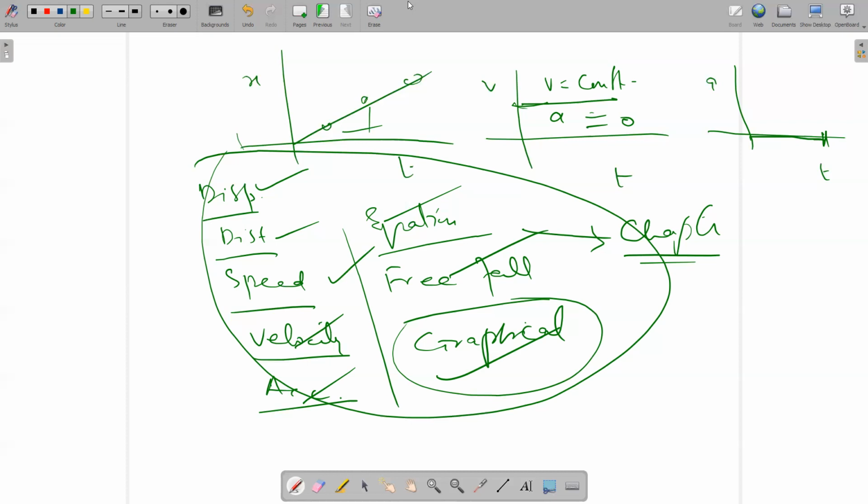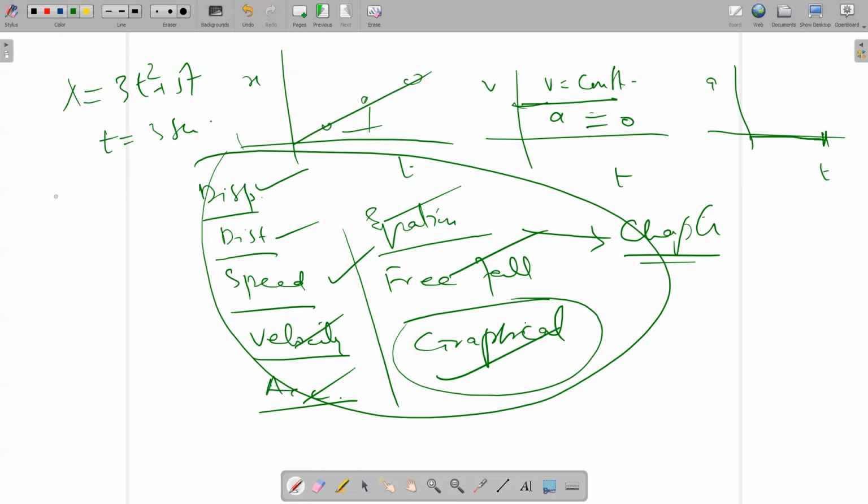So when you see any equation in this chapter, suppose x is equal to 3t square plus 5t, like this one, and he is asking to find the velocity at t equal to 3 seconds, it means you are finding the instantaneous velocity. Clear concept? Okay.